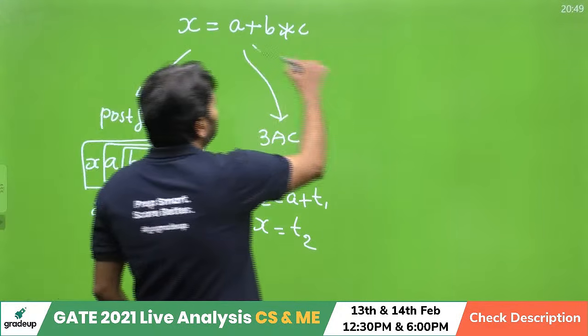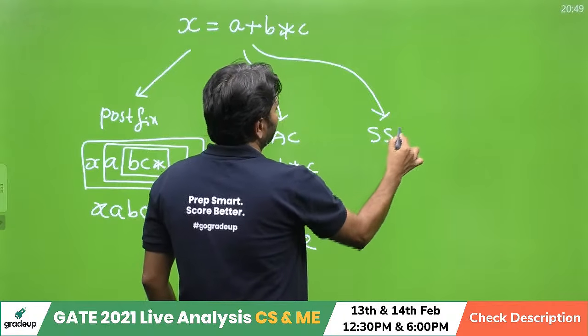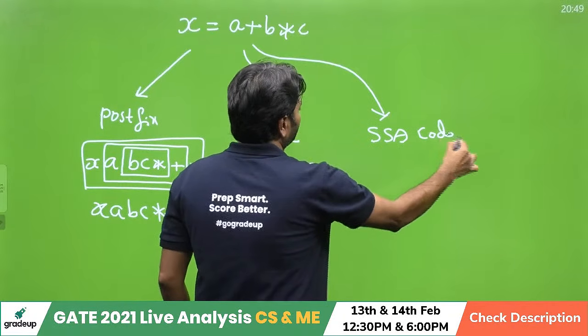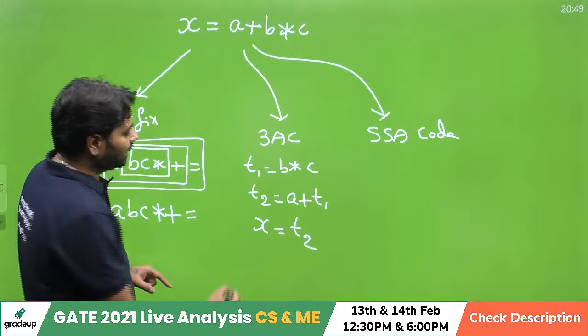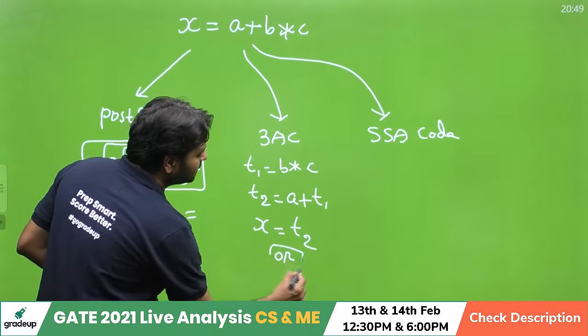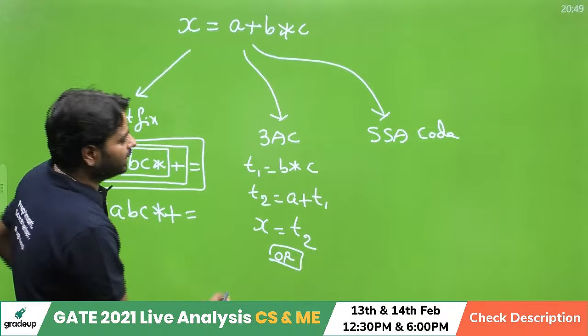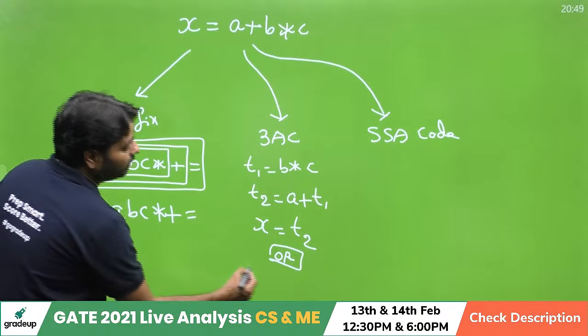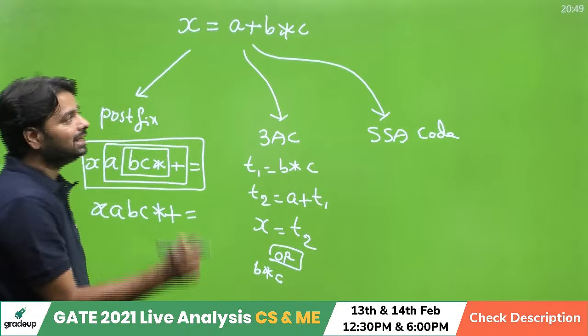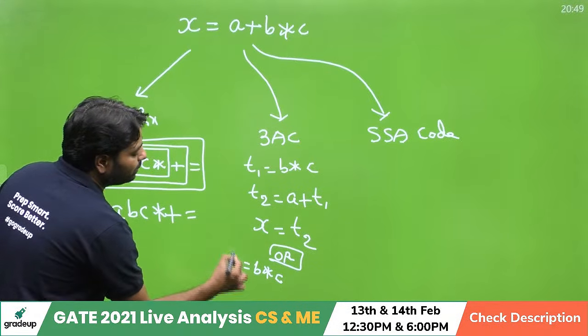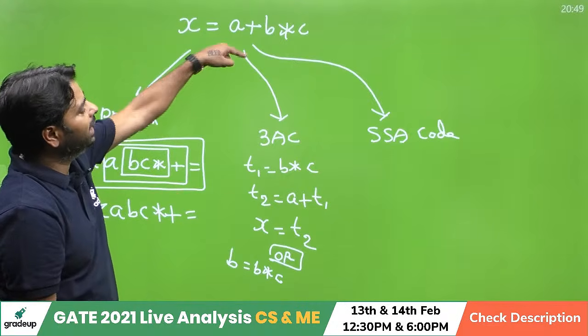And static single assignment, SSA code. Here, instead of creating a new variable, I can do one thing. B star C, after that B and C are over, so I can store it in B. Later on I am not using B and C here.